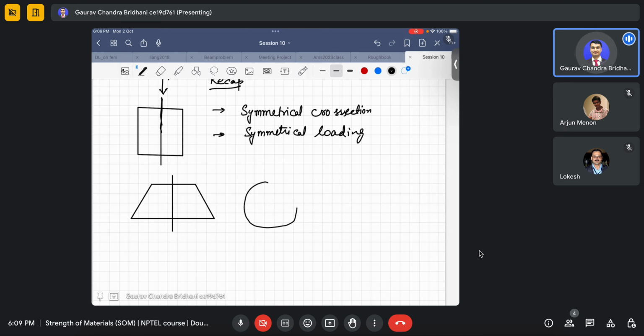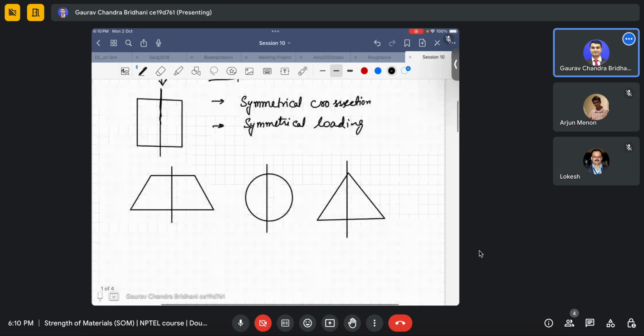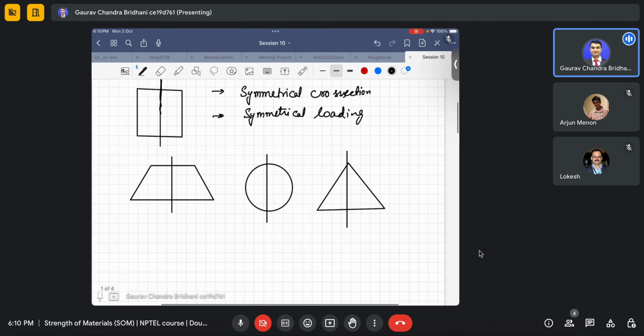Then you can have a circular cross section, which also has a vertical plane of symmetry, and you can have a triangular one also. This kind of cross section also has a vertical plane of symmetry, and of course the rectangular or square cross section. These come under the symmetrical cross section.